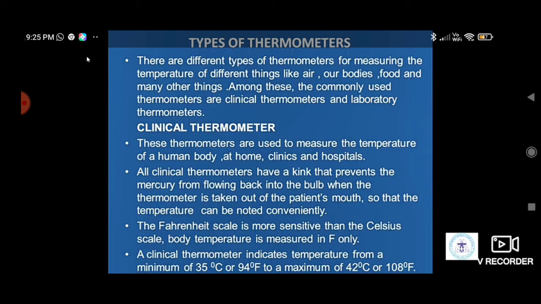Then next one. So what types of thermometers? There are different types of thermometers for measuring the temperature of different things like air, our bodies, food and many other things.